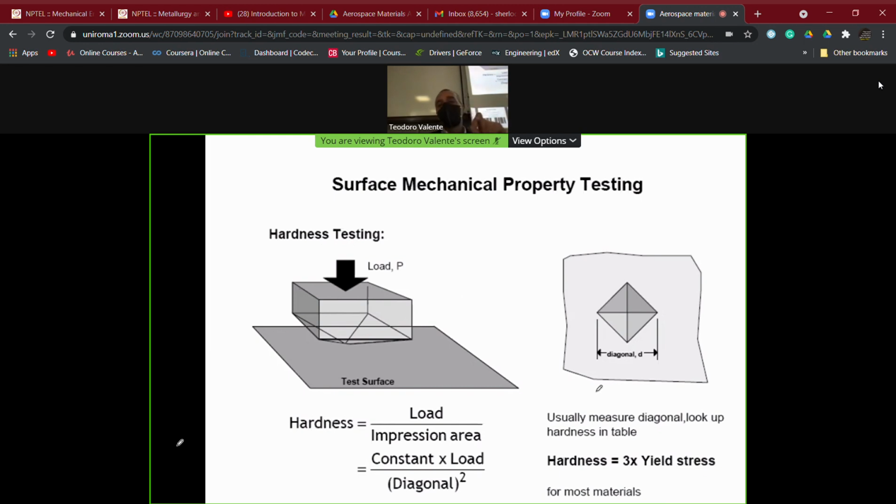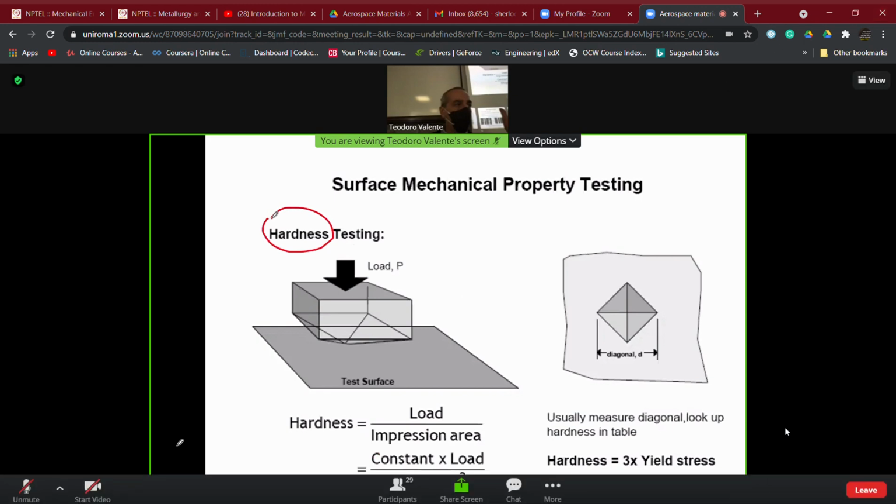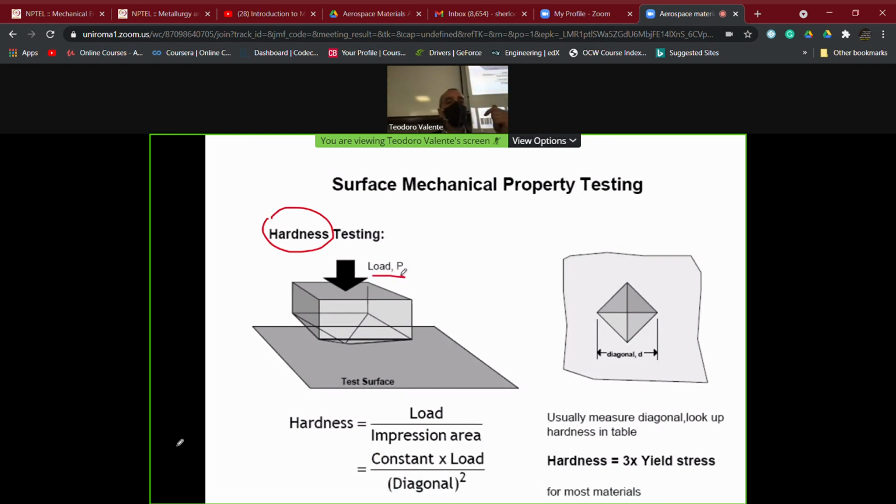And one of the most common ways, to have an idea, but also accurate measurements of surface mechanical properties, is to refer to the equipment that we use to make hardness measurements, with a load P on the surface.